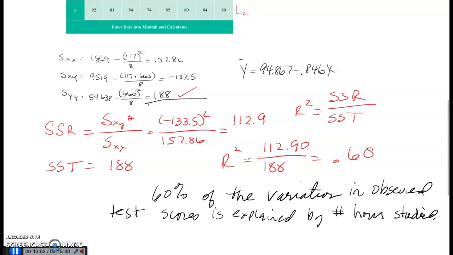Sometimes you get these percents much closer to 1, much closer to 100%. That's when your points are very close to that regression line. If your points are more spread out from your regression line, you're going to get a lower percent. Okay, thank you.